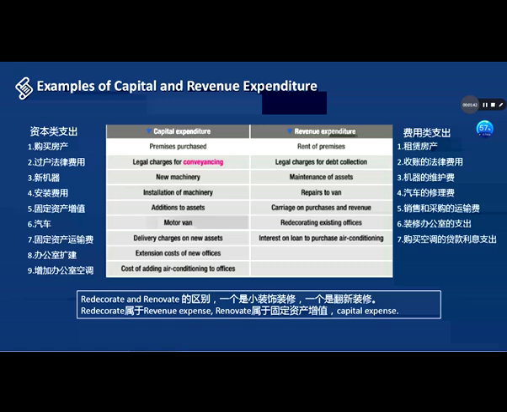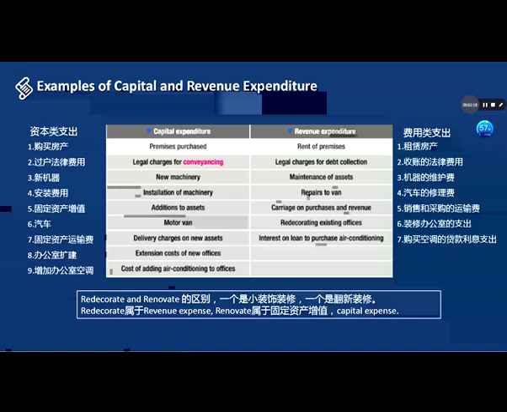Here we need to pay attention to two words, because during the exam, sometimes this happens. There are two different words. One is redecorate and one is renovate. Redecorate is a small expense. Normally it does not add value to the property, but renovate means to renovate the whole office, like change the floor, repaint the wall, or do some big changes for the office, for the property.